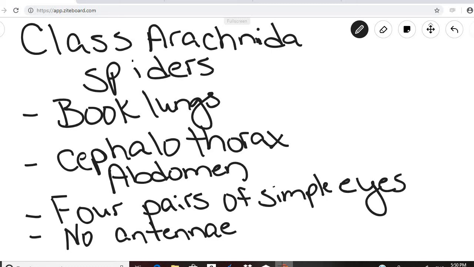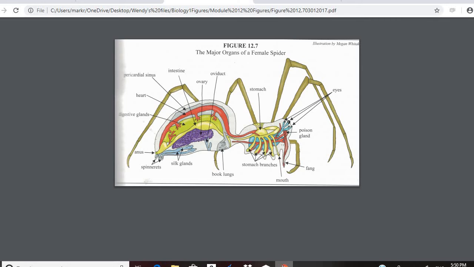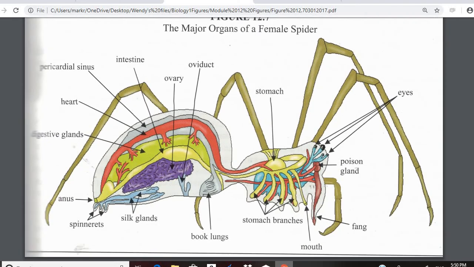So let's look at a picture of a spider. They also have a complete digestive system.